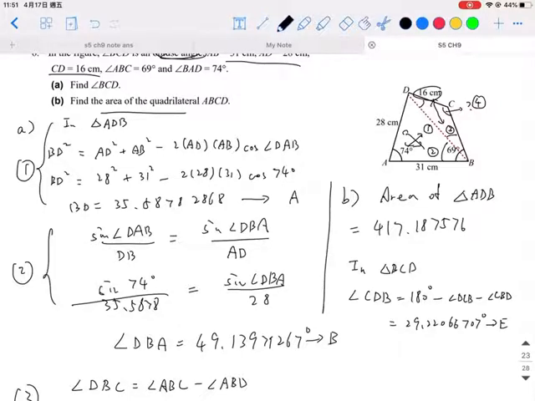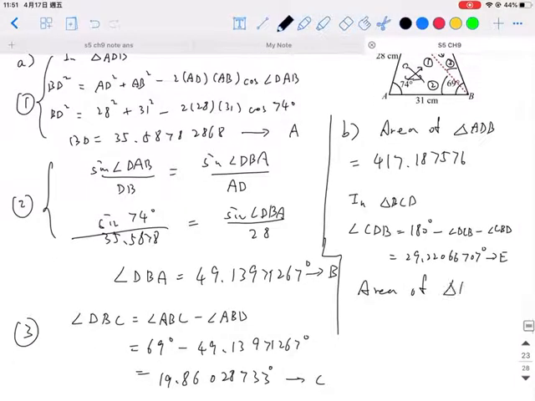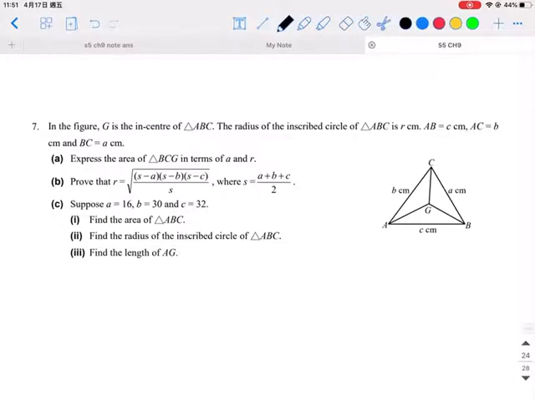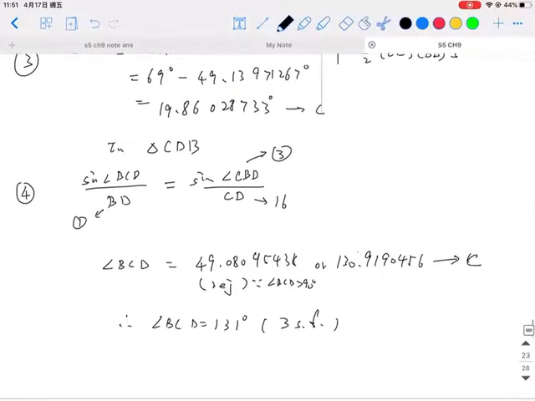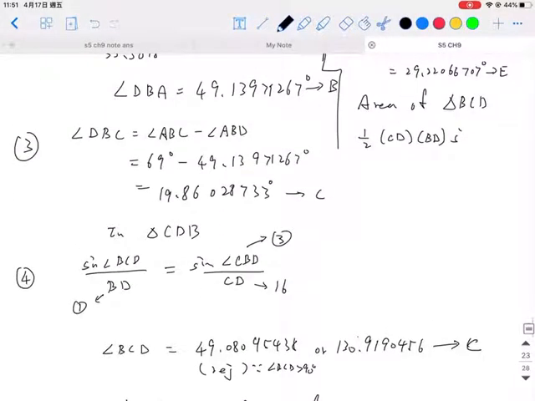So finally, the area of BCD, which should equal 1/2 times CD times sine CDB, and you will get 138 point something.